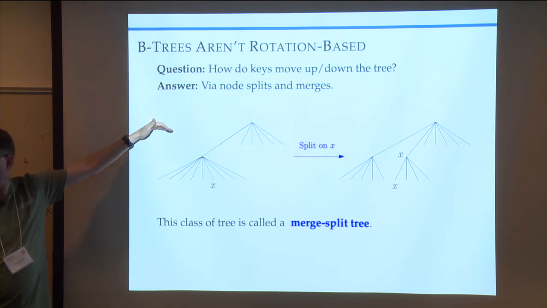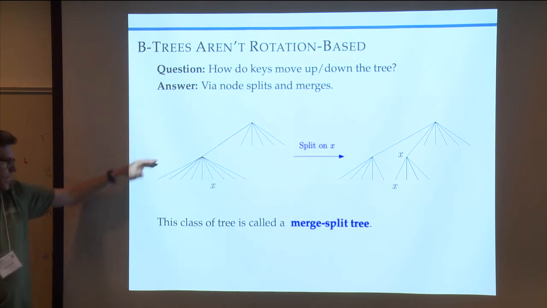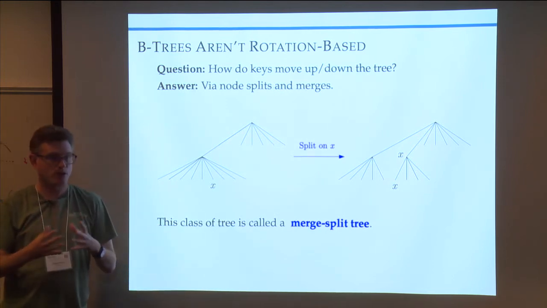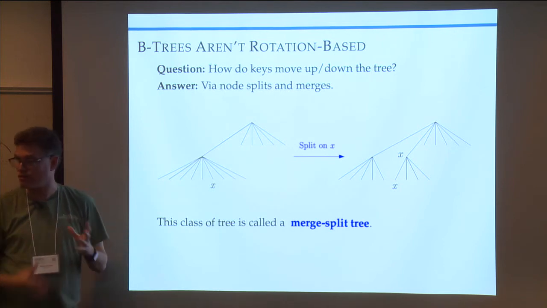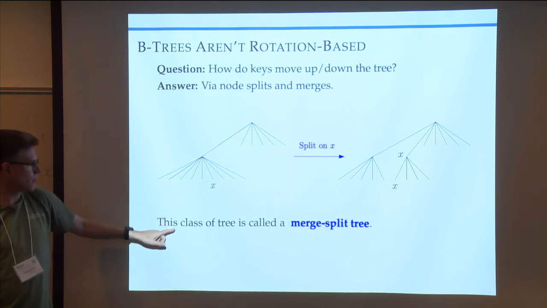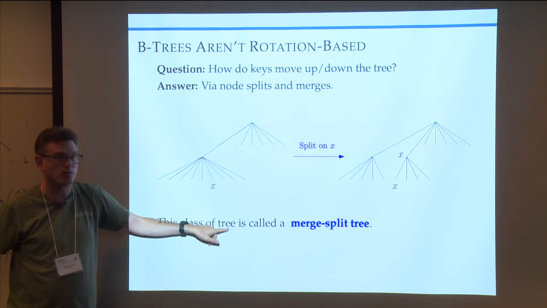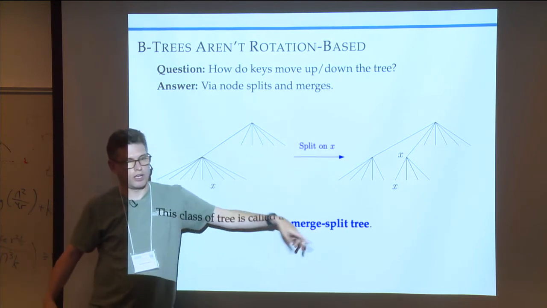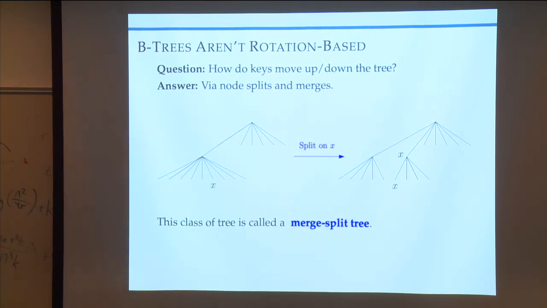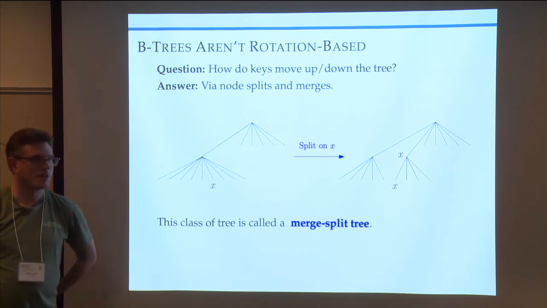But we also said dynamic optimality is in terms of a class. You think of dynamic optimality with respect to a class of data structures, and we can say that this class of data structures that includes the B tree is a merge-split tree. It's where we merge and split neighboring nodes in order to maintain the balance. Yeah? So if there were a bunch of different types of rotation-based trees, are there also different types of merge-split trees?